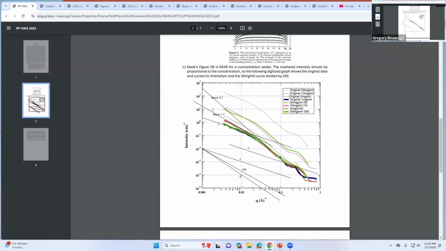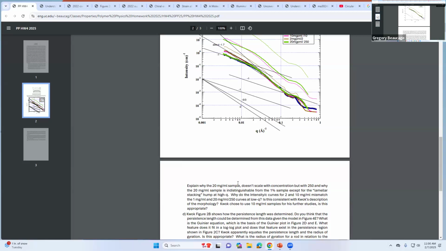And then the question: why doesn't the 21 match up? There isn't an answer to that. You have to figure it out. Maybe there's no answer. Maybe it's just experimental error. Everything else matches almost perfectly, meaning you're below the overlap concentration at 2%. At 3%, you're seeing large-scale correlations.